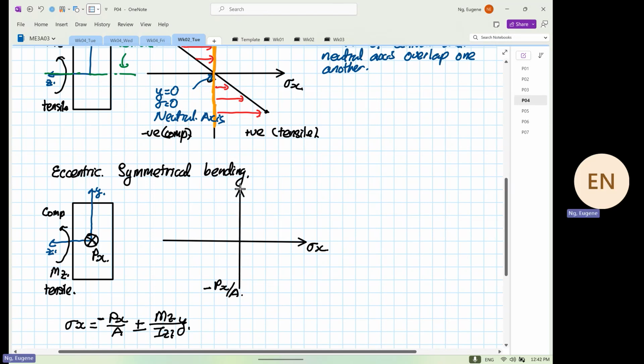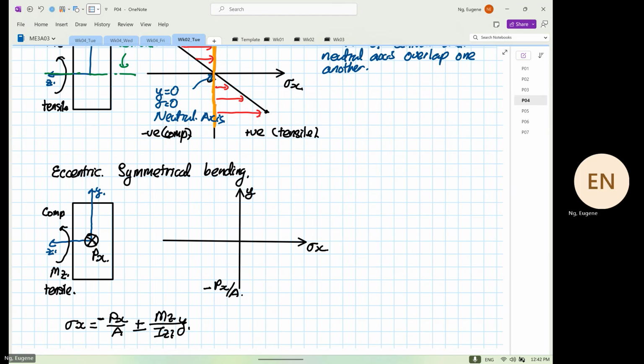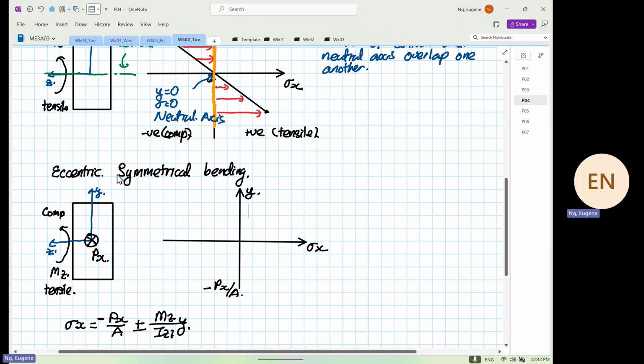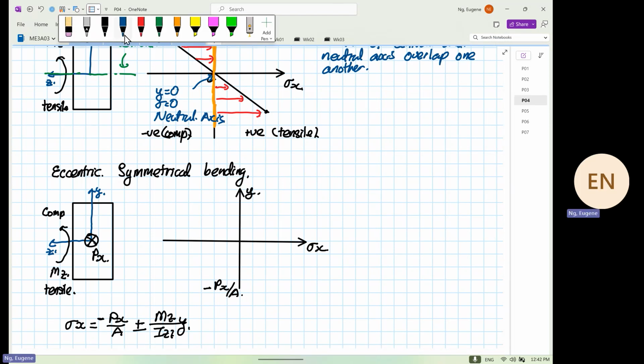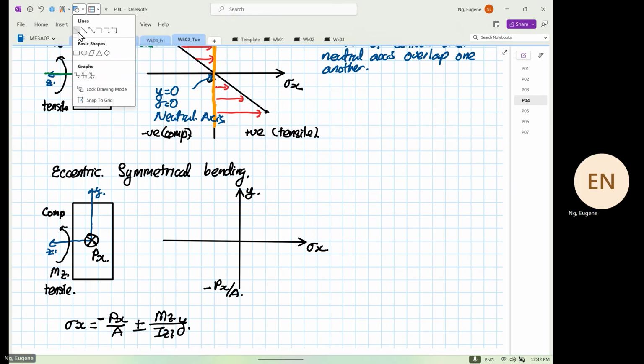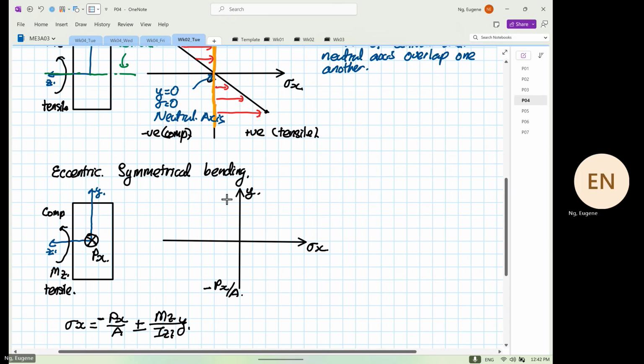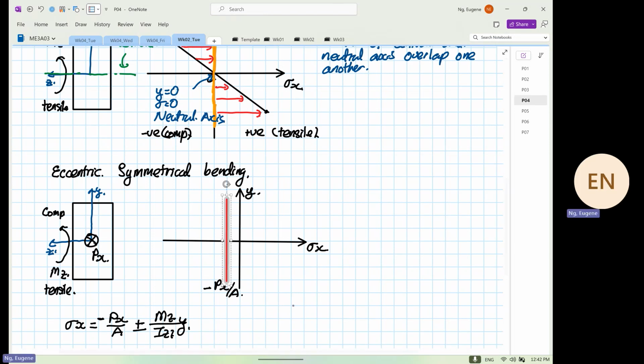This is our Y. Right? And then the Px over A. This is the line that I'm going to sketch. So again, the material is pushing inwards. So that is our Px over A.